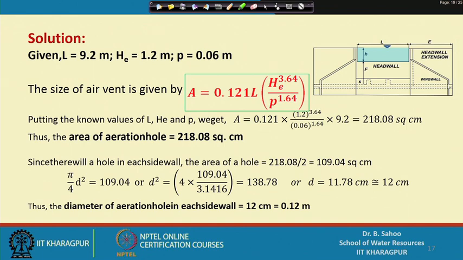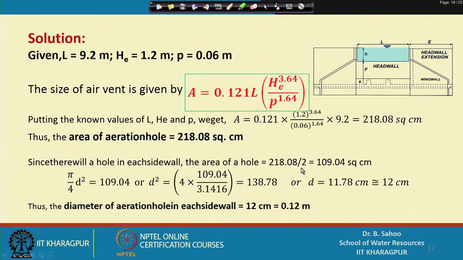Now, if we put the values of L 9.2, h_e 1.2 and p 0.06, you will get A equal to 218.08 square centimeter. So, the area of the aeration hole or the air vents is equal to 218.08 square centimeter. Since there are 2 holes in 2 side walls, it will be divided by 2 as I was saying before.